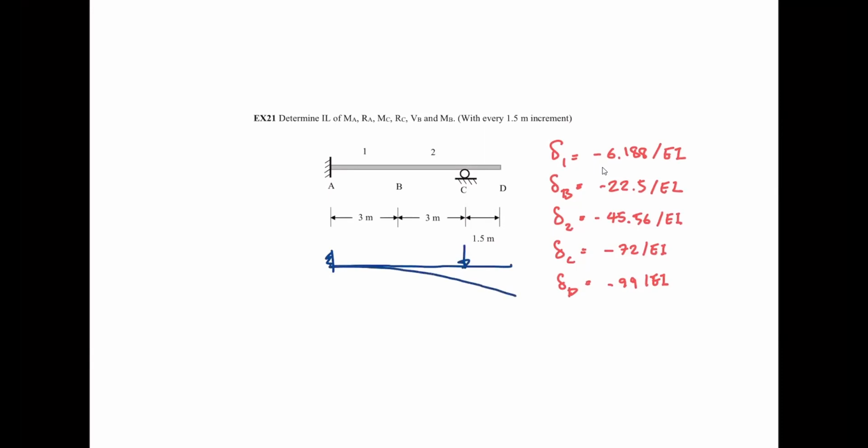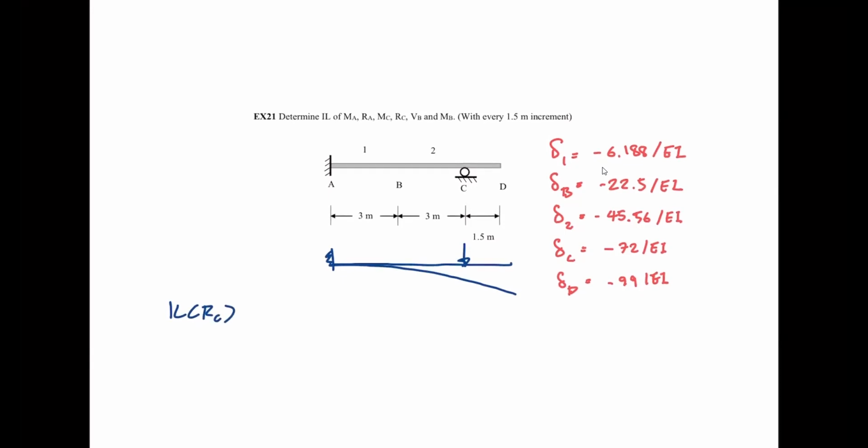You must know that you can use this to solve for RC, okay? So we can go ahead and do the influence line of RC. So it's going to be, you know, the minus sign indicates that it should go upward. Straight line. This part, when you apply the load at this particular point, this is a straight line, right?